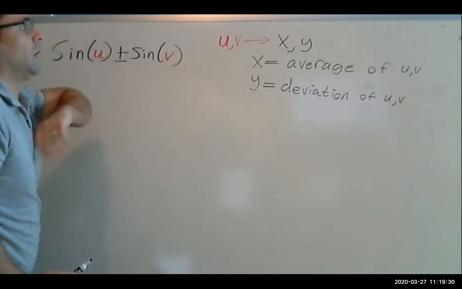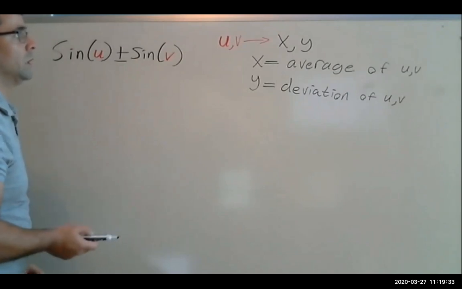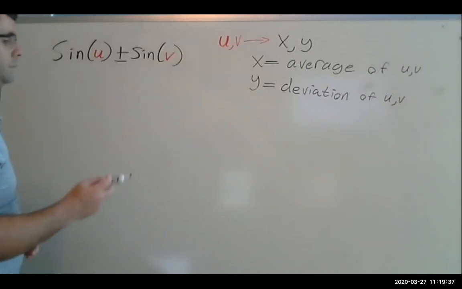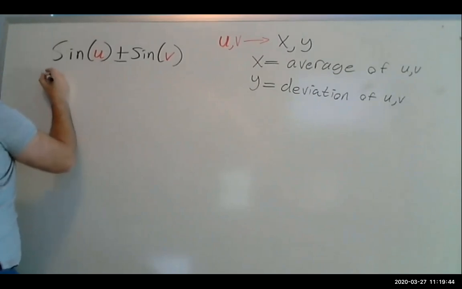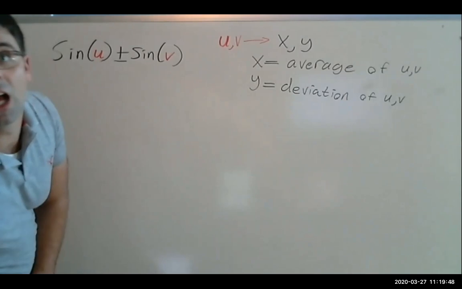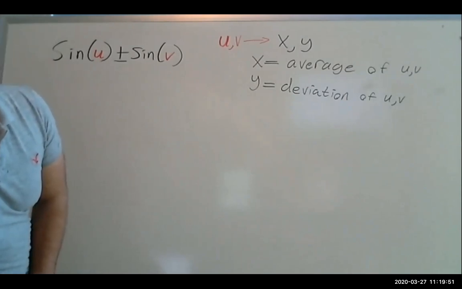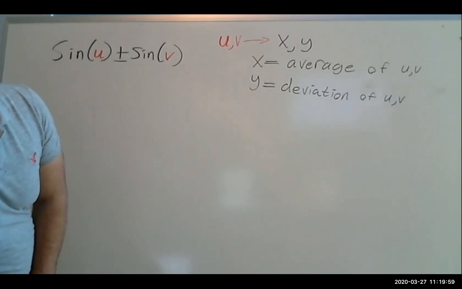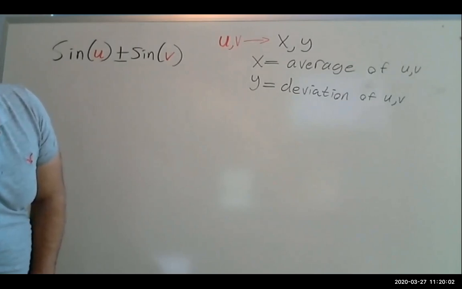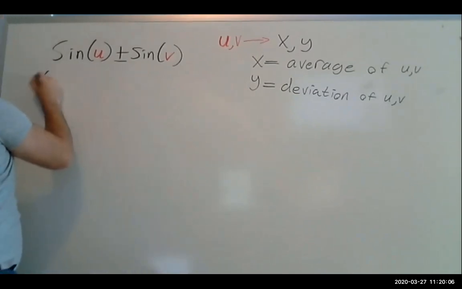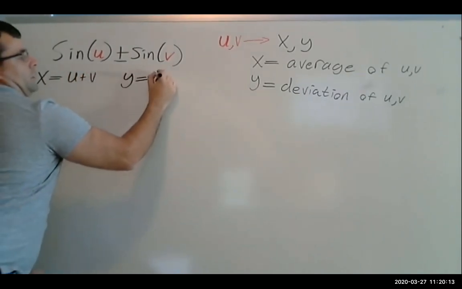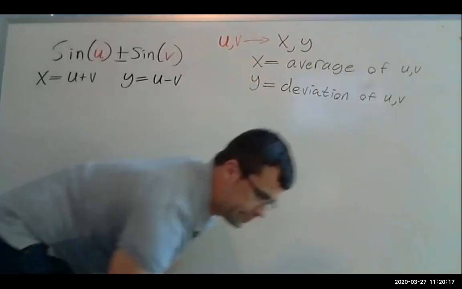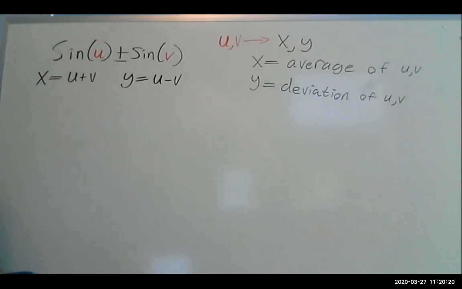We're going to go from U and V to X and Y. For simplicity's sake, just because it'll make the math a little bit easier, we're going to define X to be U plus V and Y to be U minus V. So it's just their average and their deviation multiplied by 2.